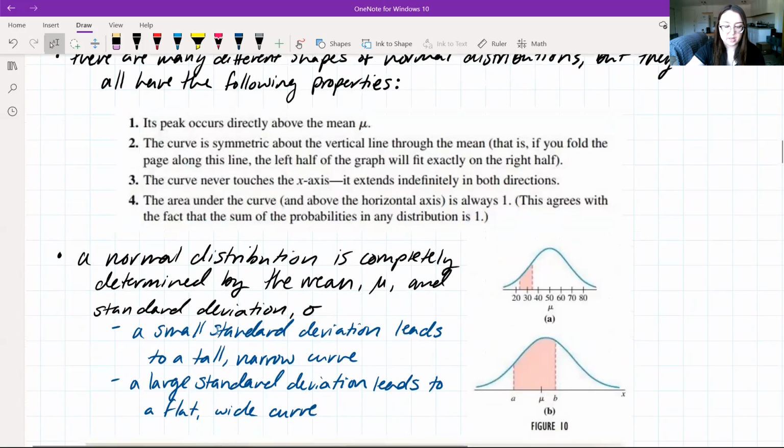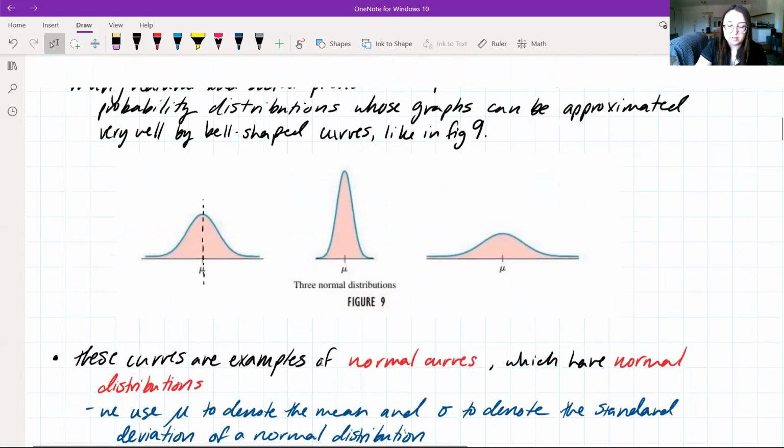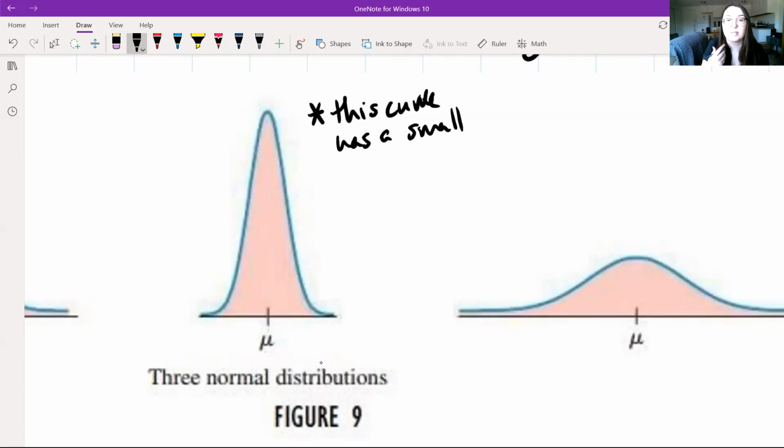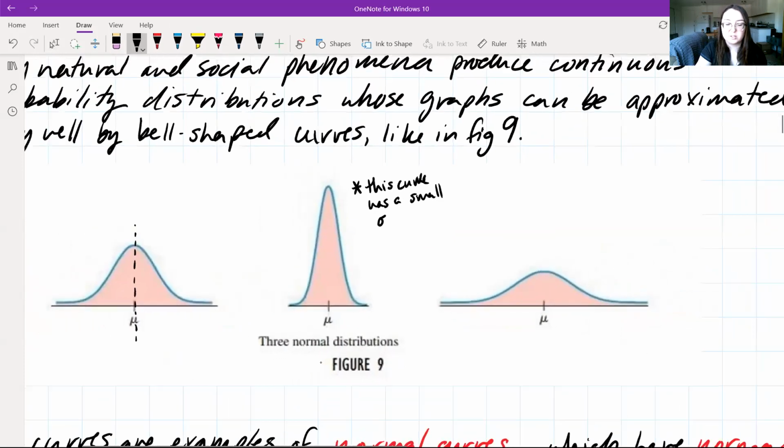So we can put a little star and say this curve has a small sigma. Instead of writing out the words standard deviation, we're going to write sigma, because we know that means standard deviation.